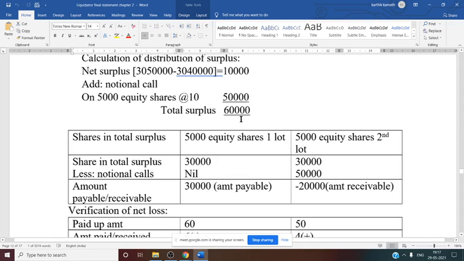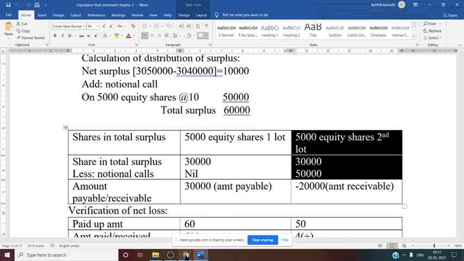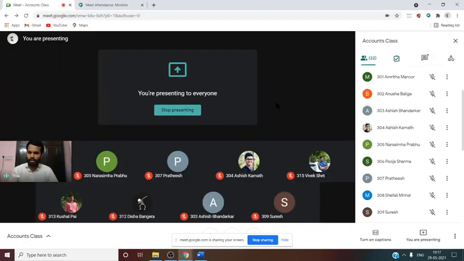So 60,000 into 1 by 2: 30,000 is distributed to the first lot category, and the remaining 30,000 is distributed to the second category. Why? With the help of the ratio. Again, 60,000 is the total surplus, ratio is 1:1, so 60,000 into 1 by 2 you will get 30,000, and again one more 30,000. Write it under the respective column.